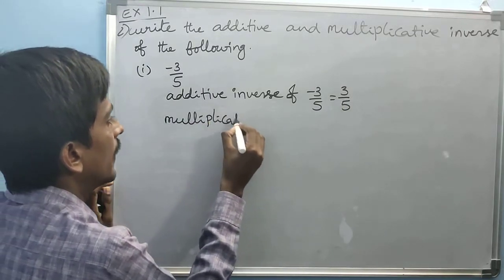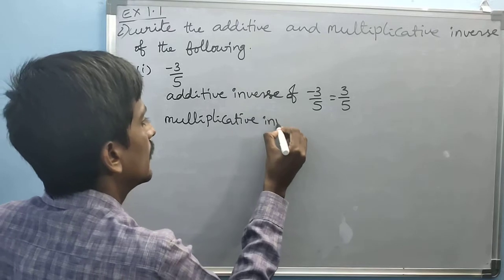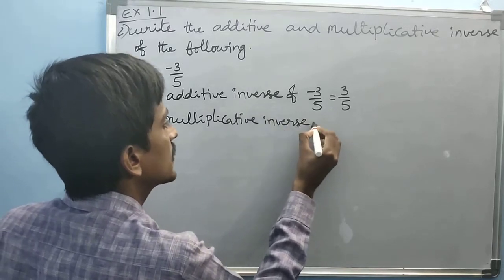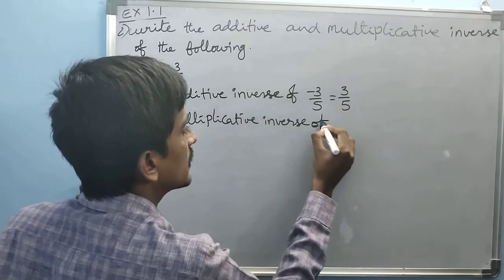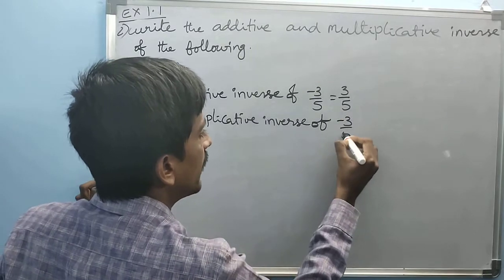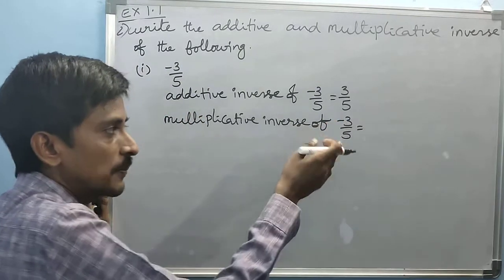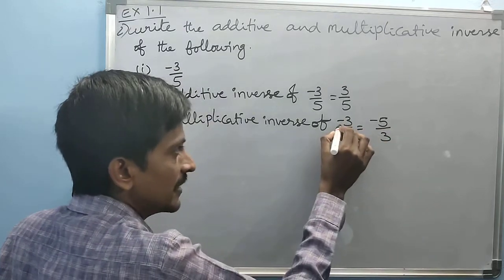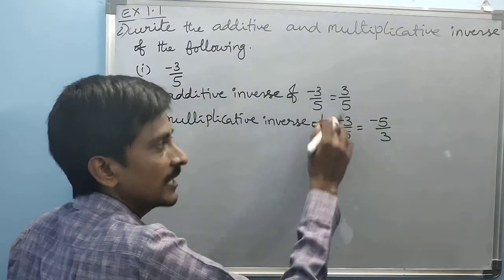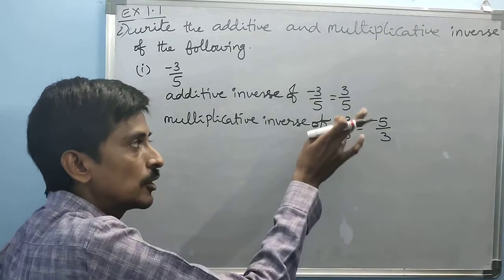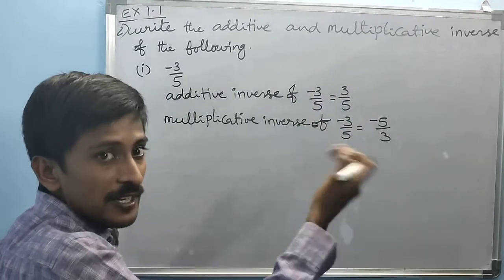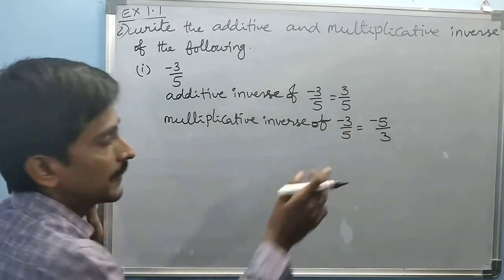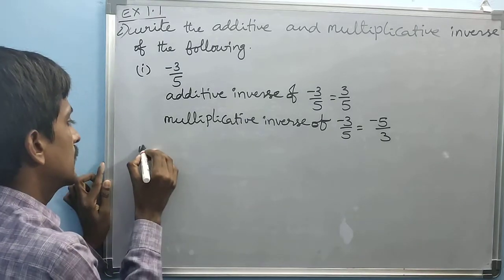Multiplicative inverse of minus 3 by 5 equals, this is the reciprocal, minus 5 by 3. If plus is given, you write plus; if minus is given, you write minus; but the numerator becomes the denominator and the denominator becomes the numerator. That is the multiplicative inverse.